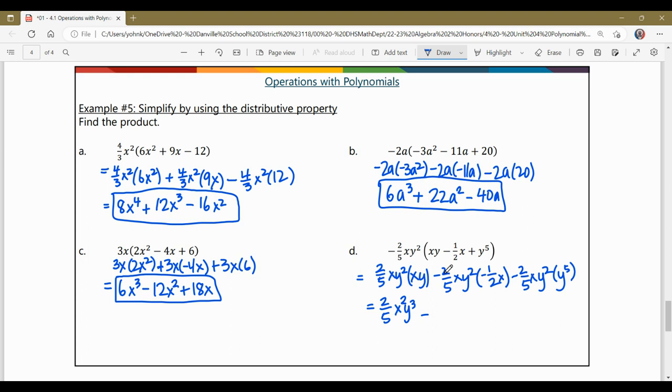Minus, well, actually, it's going to be a plus. Negative 2/5 times negative 1/2 is a positive 1/5, and x times x is x to the second, y to the second. Then I have minus 2/5 x, and y to the second times y to the fifth, so that's y to the seventh.